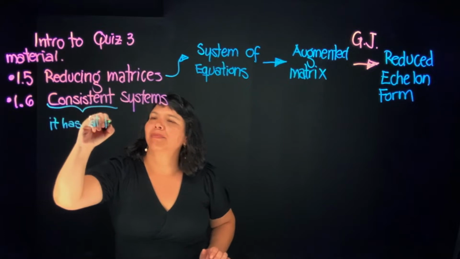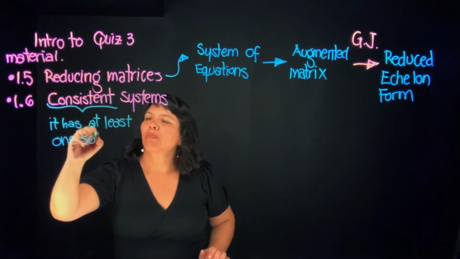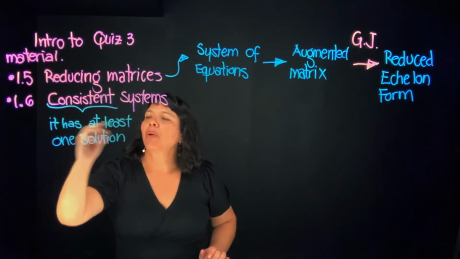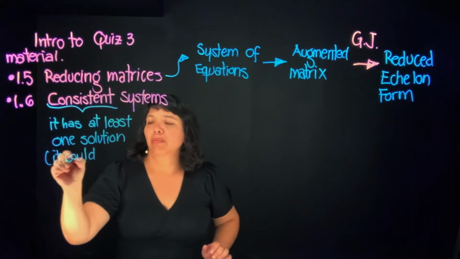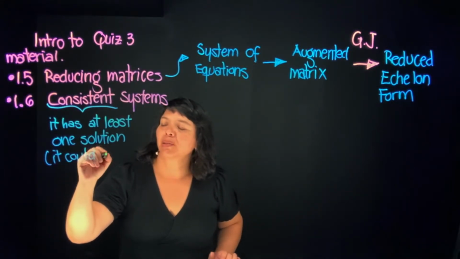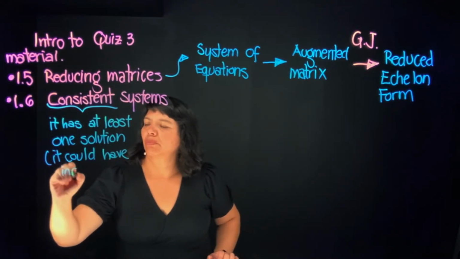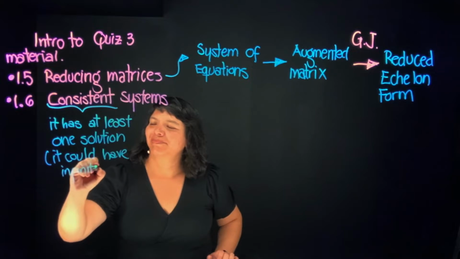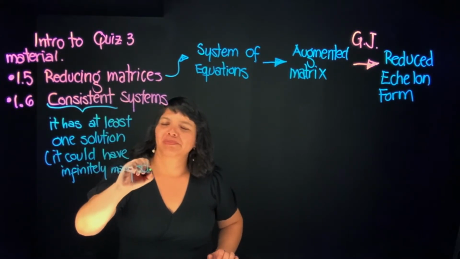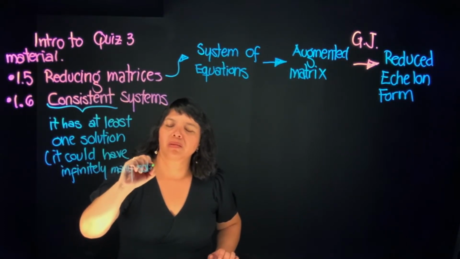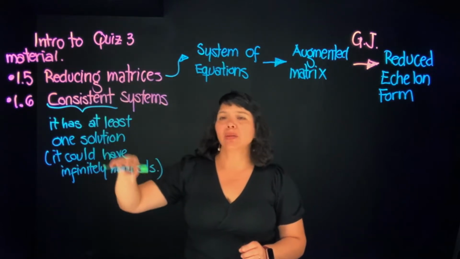About 1.6, remember that a consistent system means that it will have at least one solution. But it could have infinitely many solutions. And one of the things that I want you to keep in mind is there is no in between.